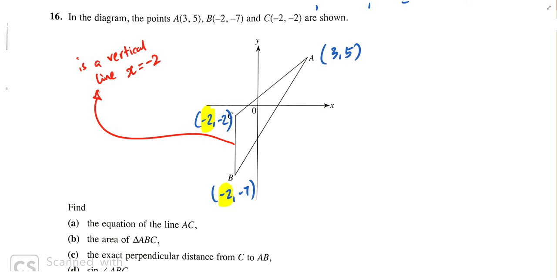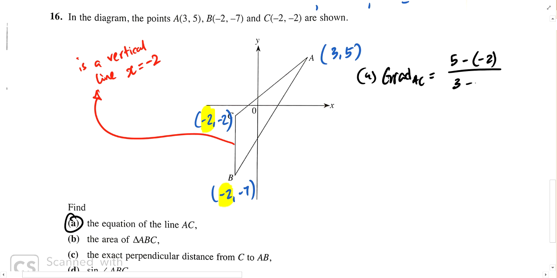Okay, now let's find the equation of the line AC. With two sets of coordinates, I must be able to write down the gradient, do the substitution, get the equation. So for part A, gradient of AC. That gives us 5 minus negative 2 over 3 minus negative 2. We are expecting a positive answer. So this is 7 over 5.